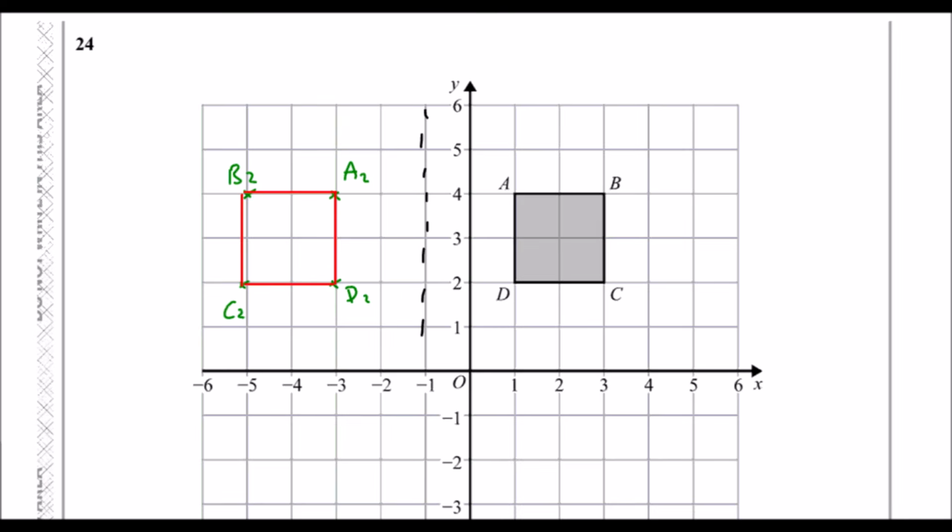It might be useful to use tracing paper for this one. You could play around with the tracing paper at different points and different rotations and see how to get 2 of these corners back to where they started.